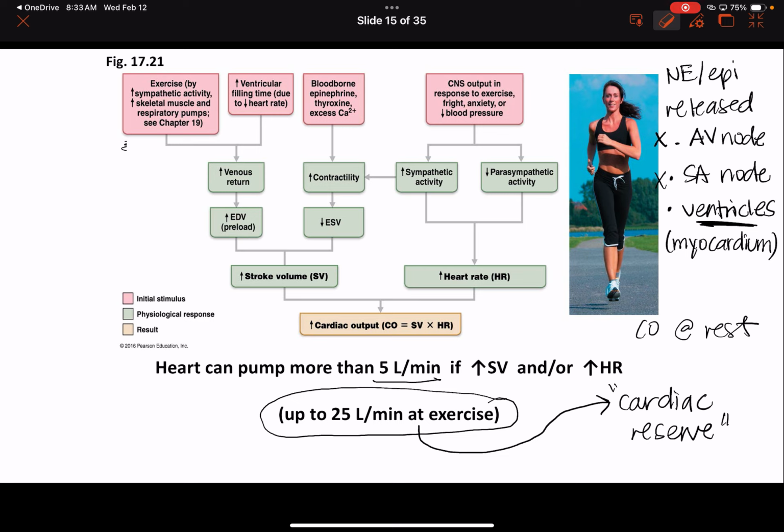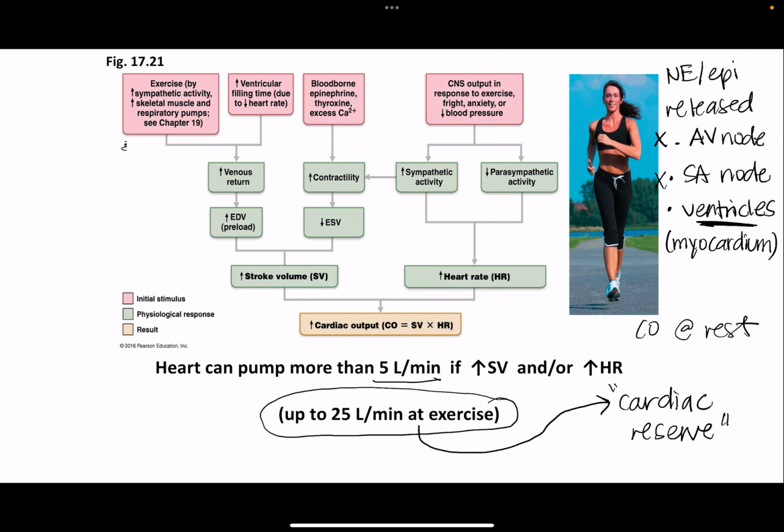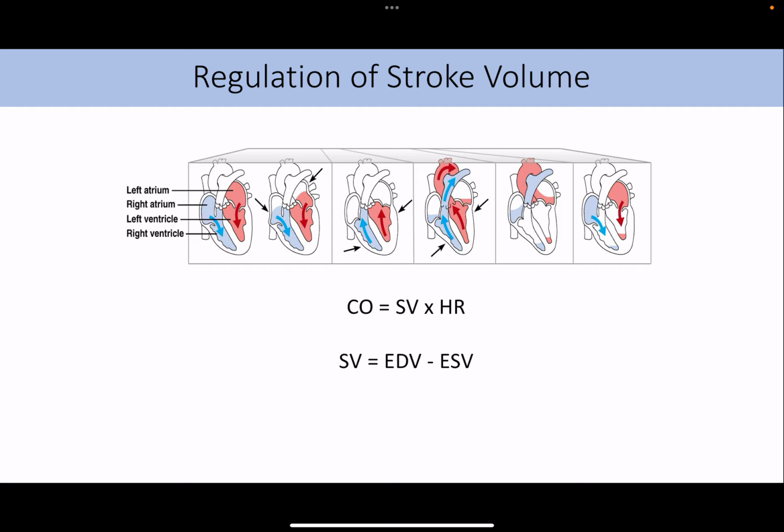Any other questions? Okay. So your stroke volume is essentially your EDV minus your ESV. So how much you start off with minus how much is left over, that's how much was ejected. Okay, that's your stroke volume. Your EDV is also referred to as something called your preload. They're not exactly the same thing.